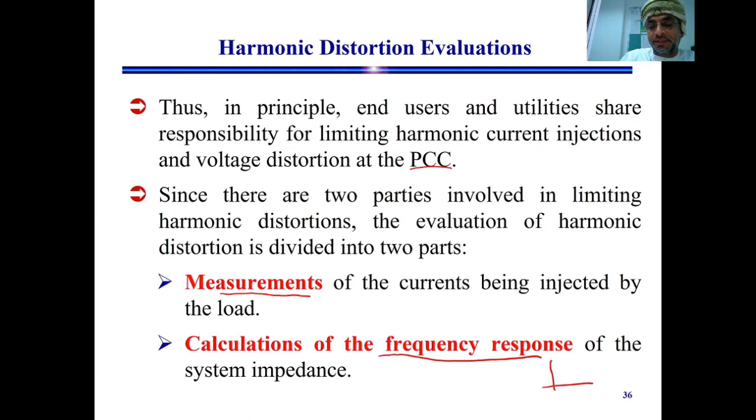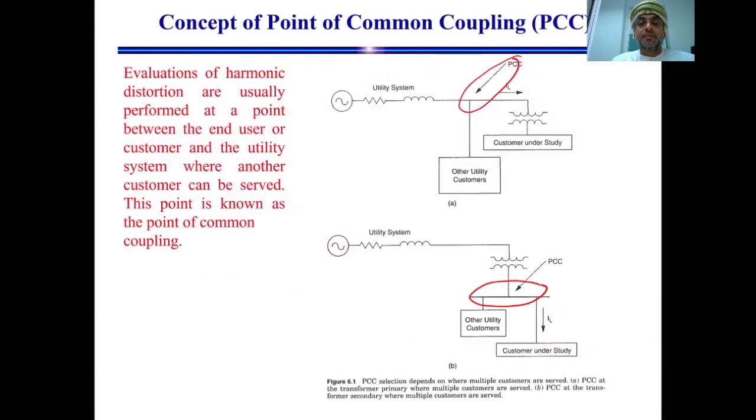This is very important. Why? Because resonance can occur in the system, and of course, if resonance occurs in the system, that can be a disaster. So we need to make sure that there will be no resonance. That's why we need to calculate the frequency response.